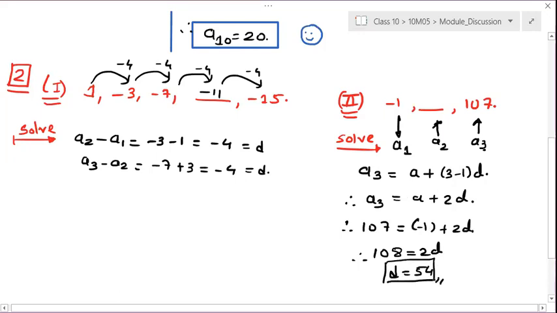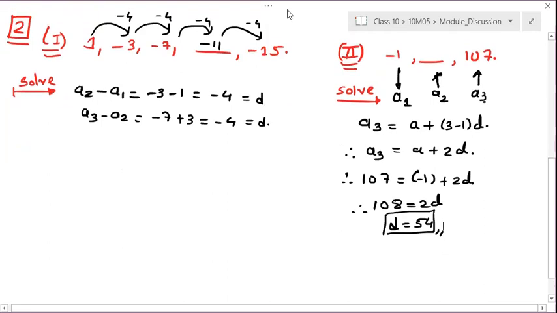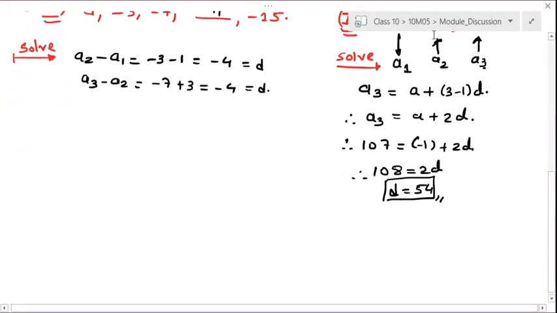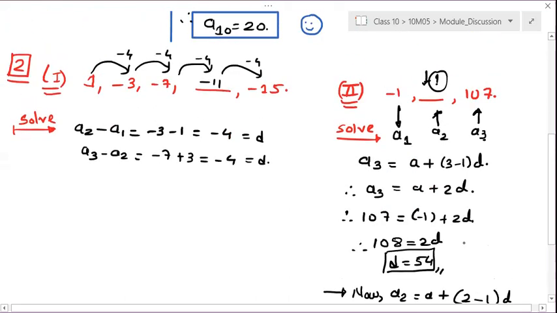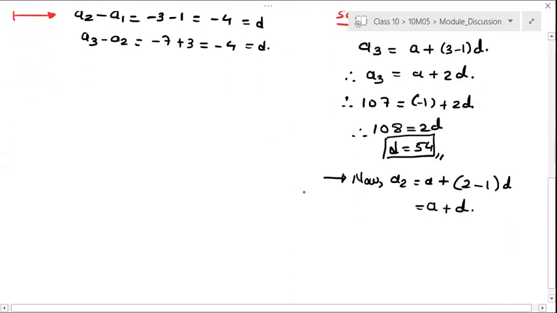Right. So once you got D equal to 54, how can you find your A2? What is our aim? We have to find A2, or not? This is the question mark for us. So A2 equals A plus D. Or if you are not able to remember, A plus N minus 1 into D. 2 minus 1 is 1. So A plus D. Here A is -1 and D is 54.